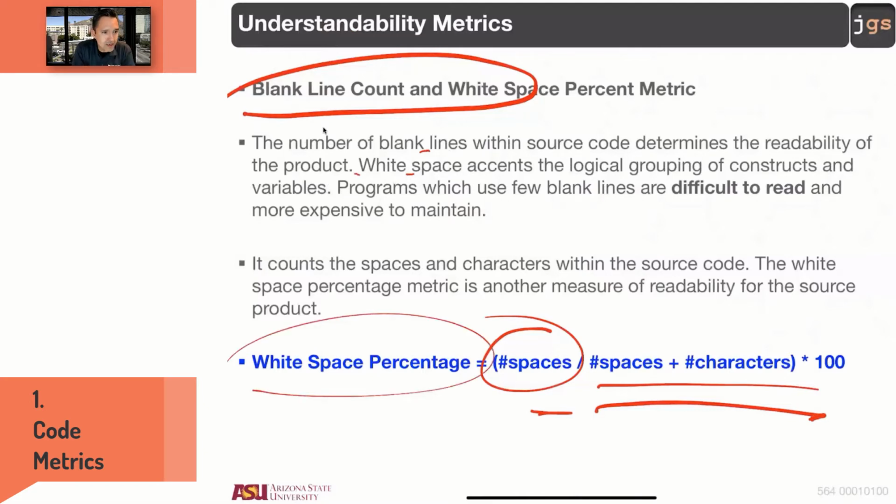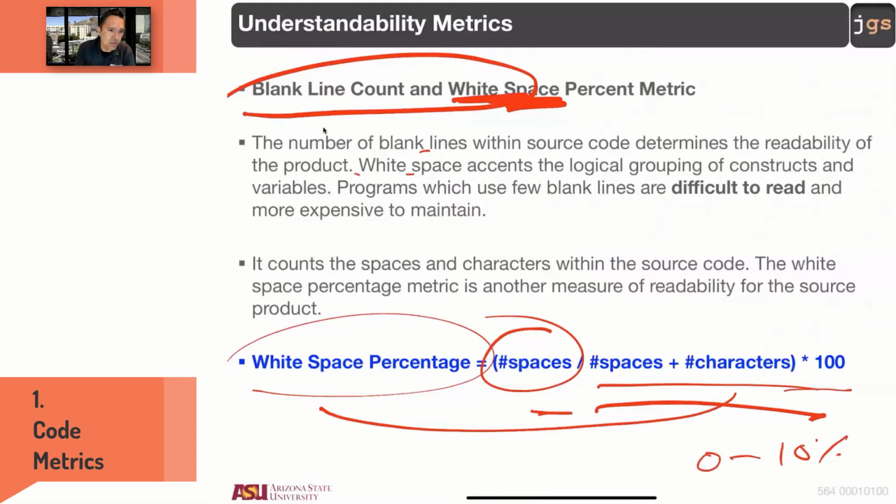And you remember, it's a good idea to put some format in your programs, some tabs at the beginning, some white spaces, indentation, and so on. Every time you do that, you are adding to the number of white spaces. It doesn't matter if you put a tab or several white spaces. The number is going to be higher or lower depending on your style. But somehow, the relationship between all the characters in your file and how many of them are white spaces is going to tell you something.